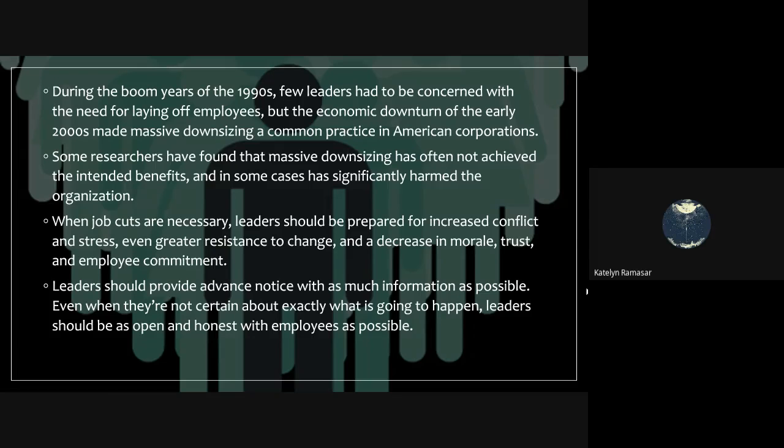Some researchers have found that massive downsizing has often not achieved the intended benefits, and in some cases has significantly harmed the organization. When job cuts are necessary, leaders should be prepared for increased conflict and stress, even greater resistance to change, and a decrease in morale, trust, and employee commitment.